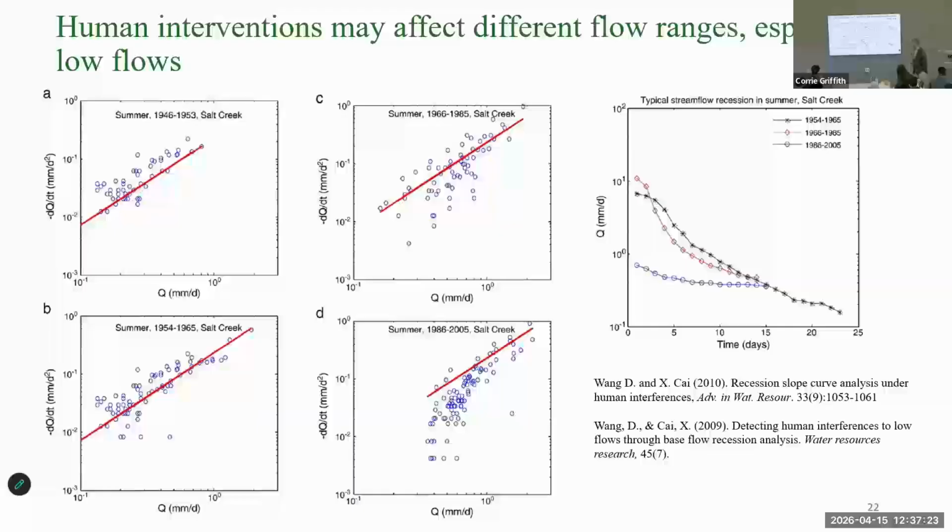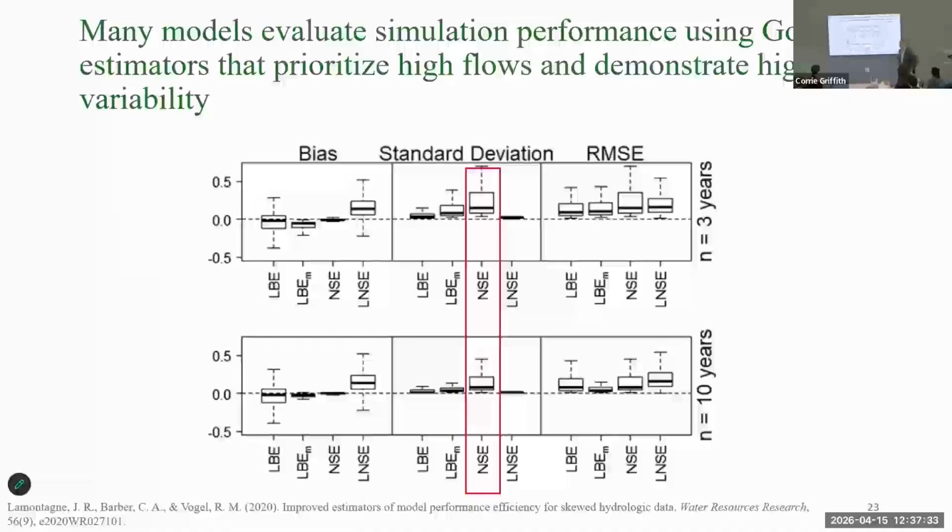So this says, when we add human interventions, should we put more attention on the low flow change? But meanwhile, we know many of our goodness-of-fit metrics, like NSE, right, they probably have a higher priority on high flow or regular flow.